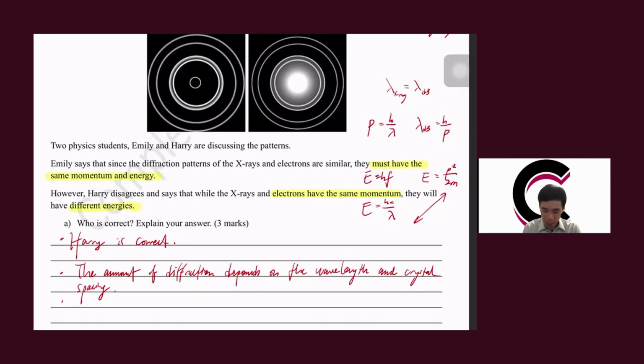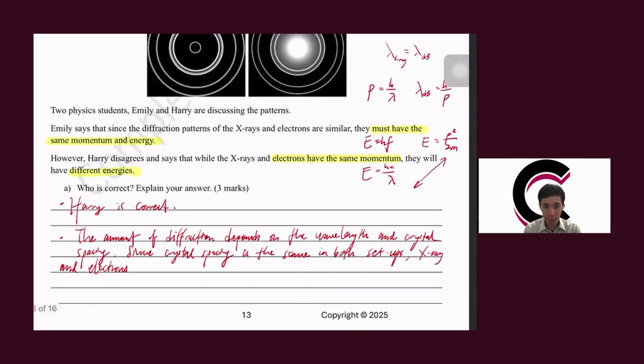Now you can say since crystal spacing is the same in both setups, therefore X-ray and electrons must have the same wavelength.